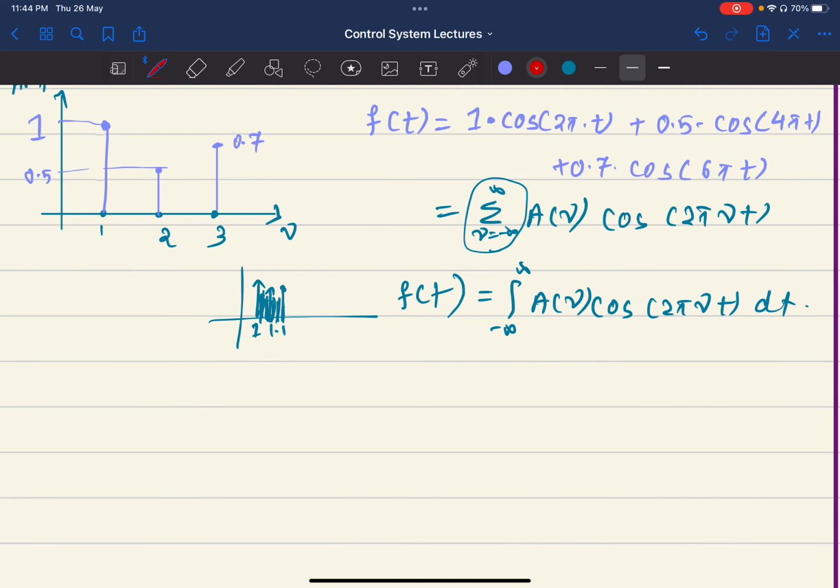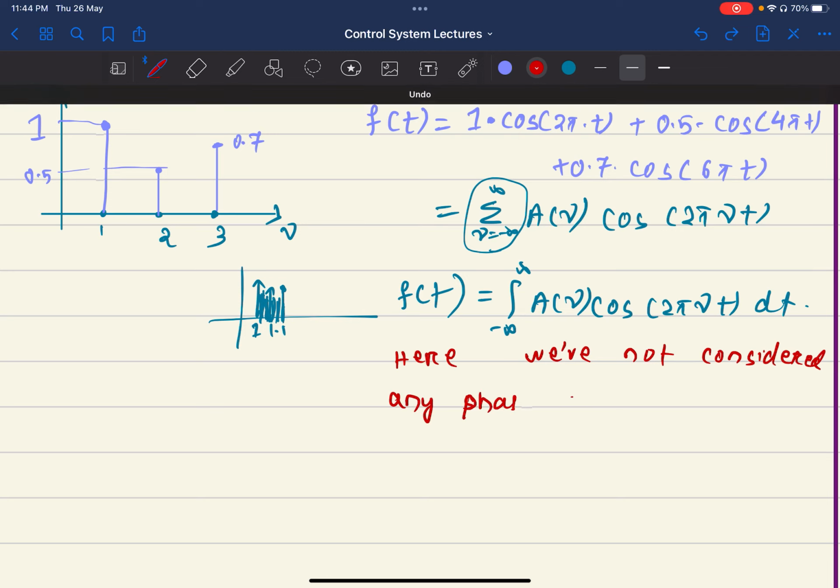But here one problem is that we have not considered any phase shift, right?